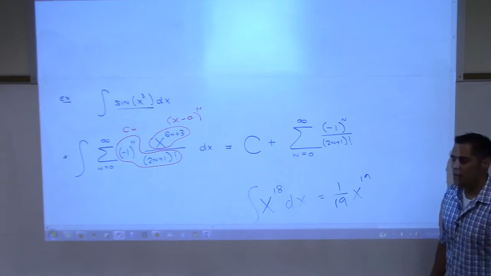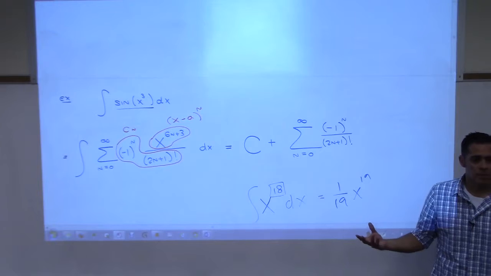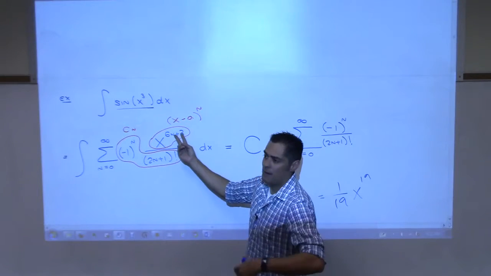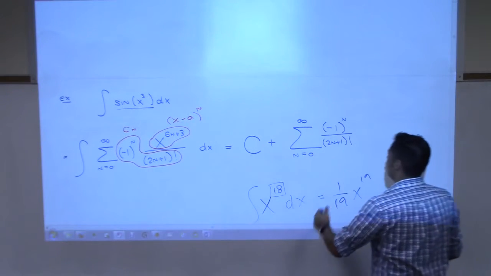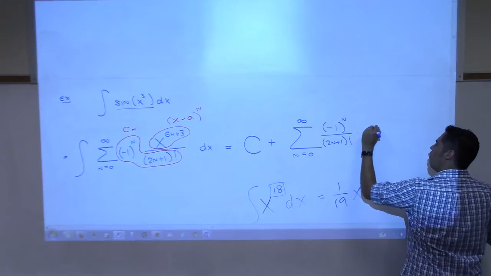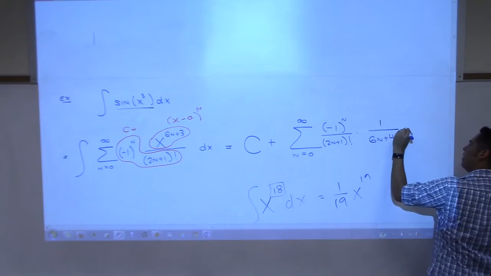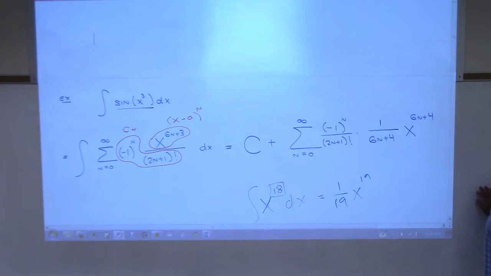Whatever this is, you're just adding 1 to it. So if it's 6n plus 3, you're going to add 1 to it, right? So it's going to become 6n plus 4. So this should be 1 over 6n plus 4 x to the 6n plus 4. Y'all see how that worked?